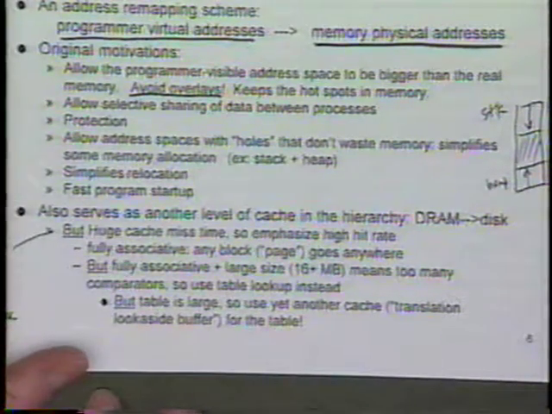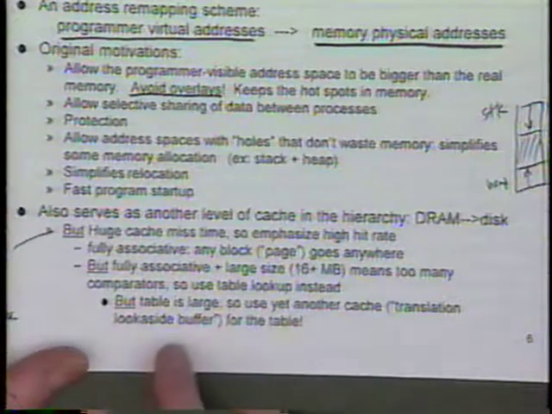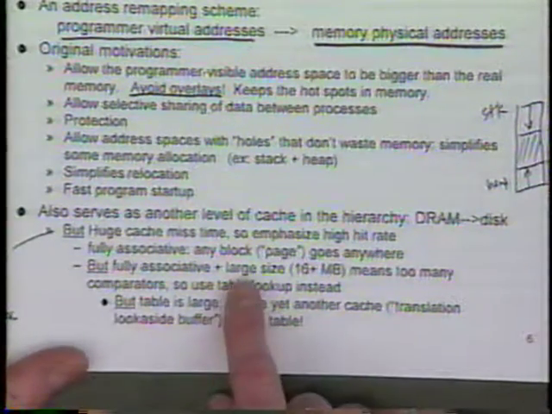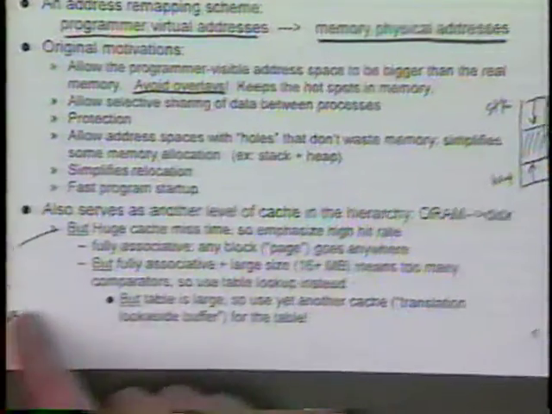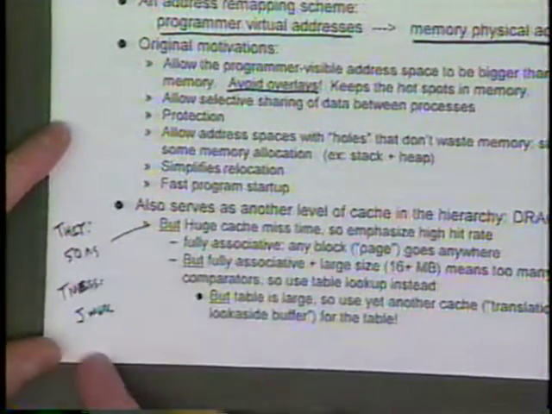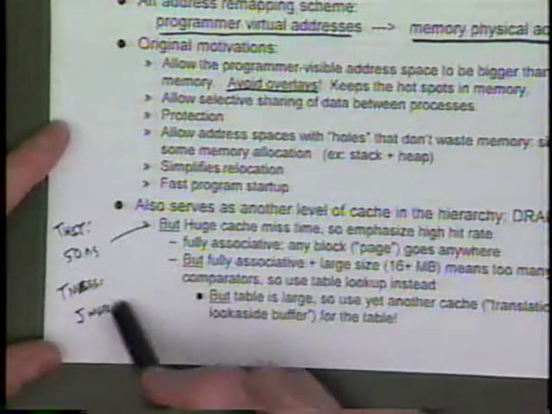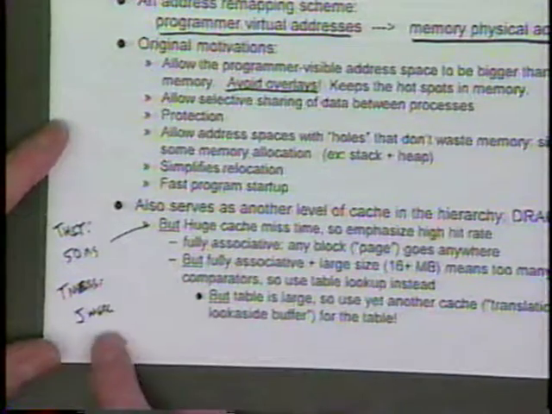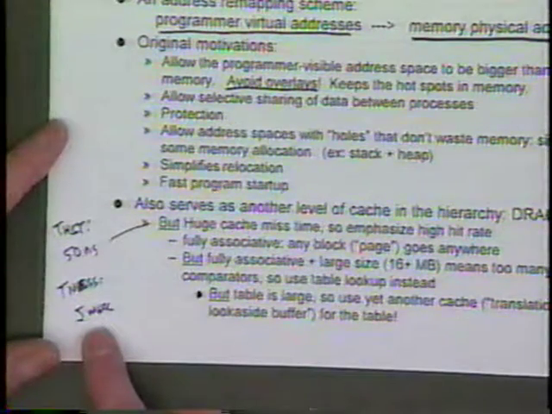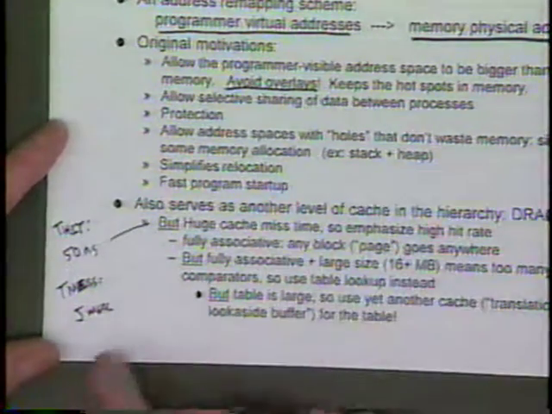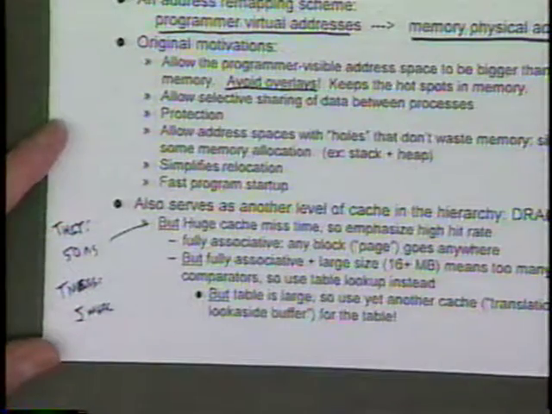The other thing we want to do is to make the pages relatively large. One of the characteristics of the disk which is backing up this cache is that once you've paid this 5 millisecond overhead to get a byte out of the disk, it's almost free, or a tiny cost, to get the next 1,000 or the next 4,000 bytes out of the disk.